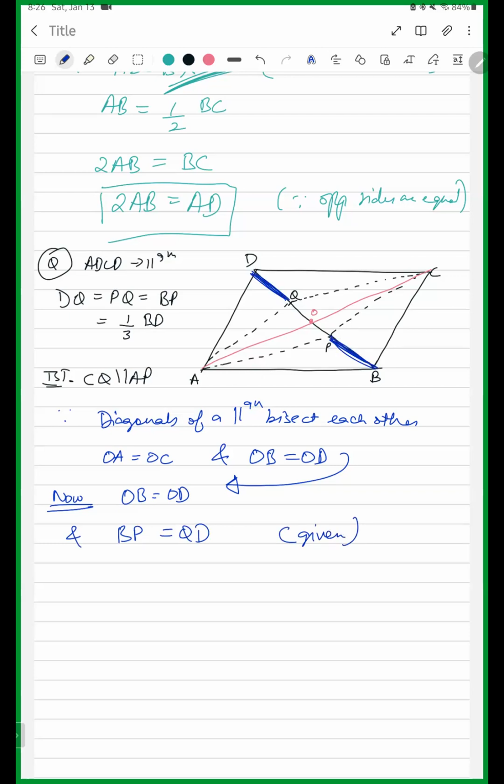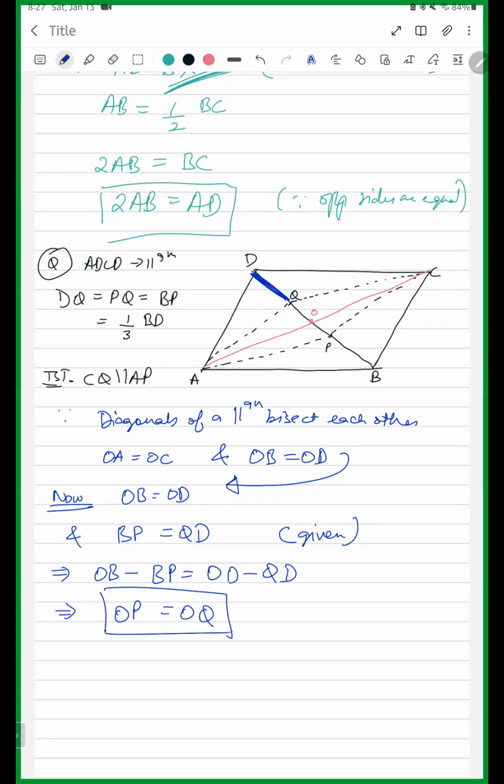So if you subtract this, that implies OB minus BP is equal to OD minus QD. So OB minus BP is how much? This is OB and this is BP. OB minus BP is OP. So OP is equal to OQ. This is what we needed to prove.